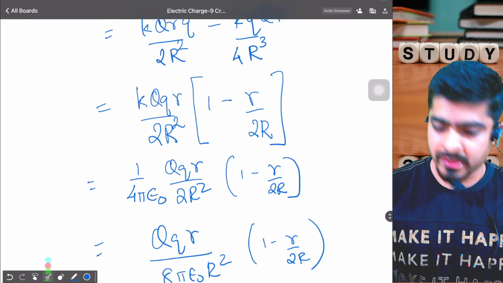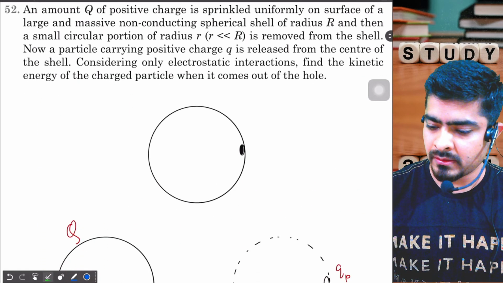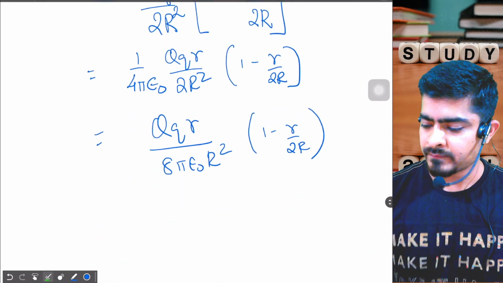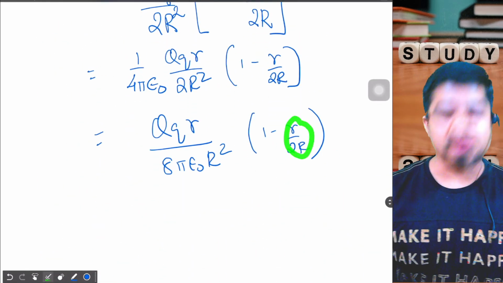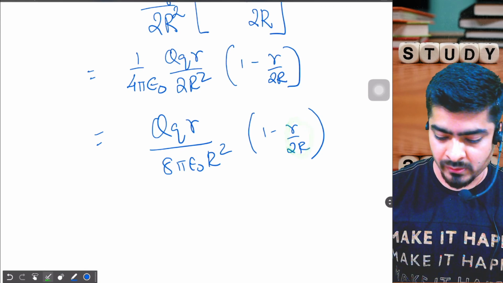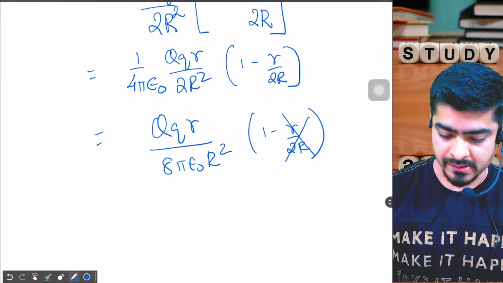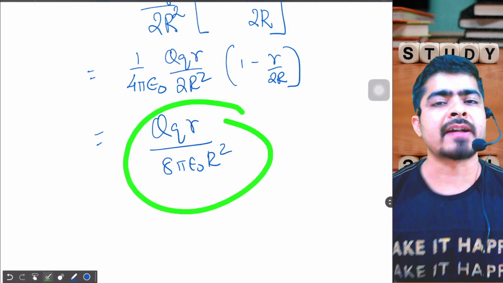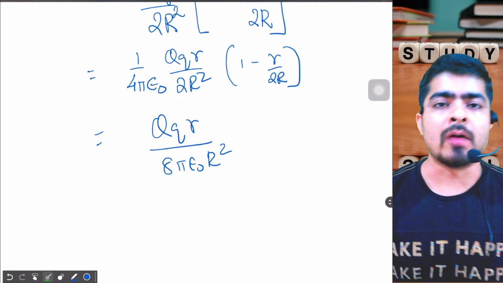Now in the question it is given that small r is much smaller than capital R, so we could use that over here. This term will be much smaller than 1, so we could simply ignore this, and then I will get the final answer to be equal to this value. This is the kinetic energy of the charge coming out of the hole.